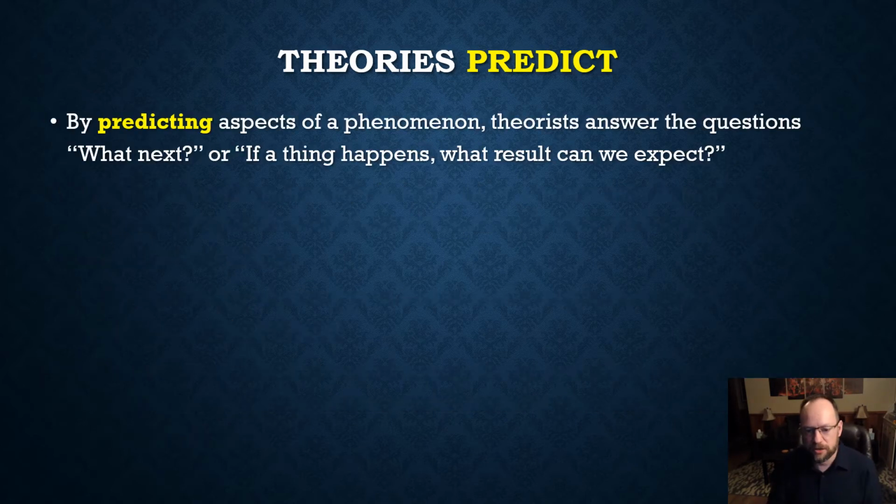So let's get on to the prediction, right? Prediction allows us to say, okay, what's next? Or if this thing happens, what result can we expect, right? There is, for example, the expectation violation theory says that whenever we go into every interaction with another human being, there are a series of expectations that we have in our heads of how that interaction should go.